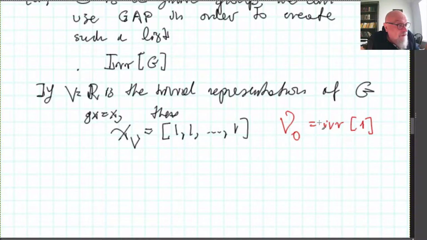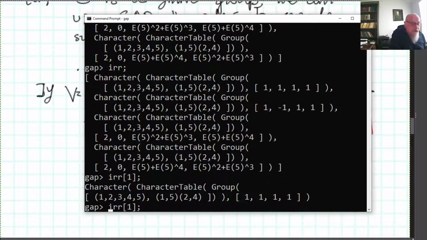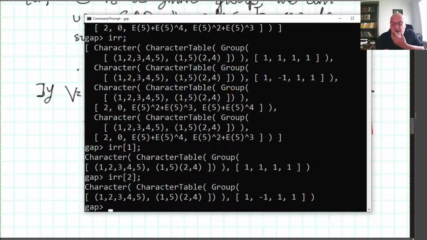Usually the trivial representation is the first representation that appears in this list. Of course, if you want to check other irreducible representations of this group, you check number 2.